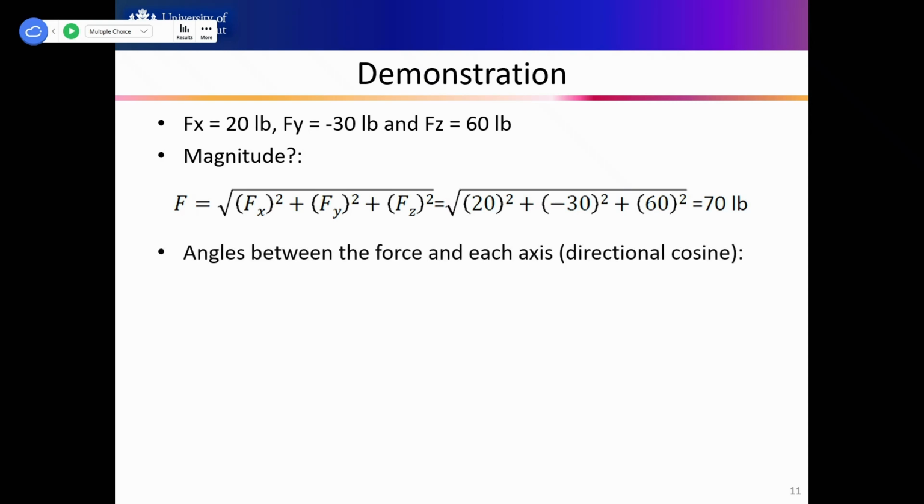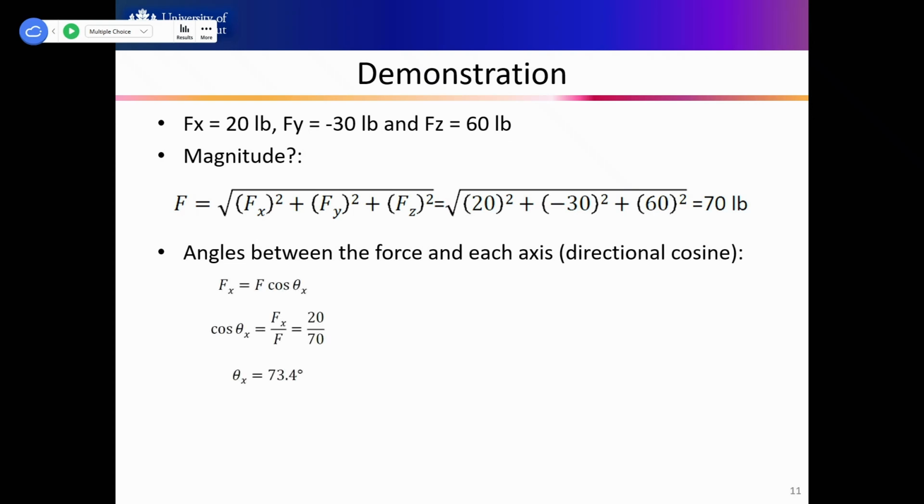Let's find the angles between the force and each axis, using the directional cosine. What about theta x? Theta x is inverse cosine of fx over the magnitude. fx is 20, and the magnitude is 70.